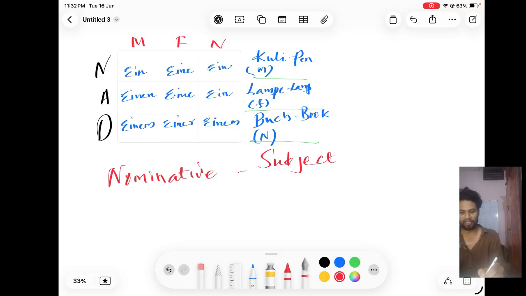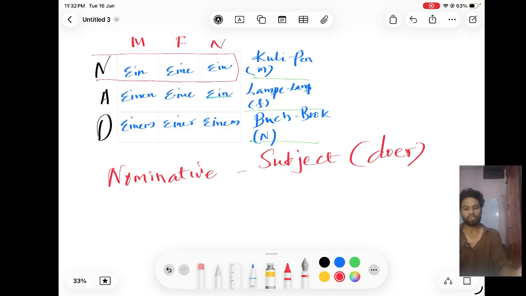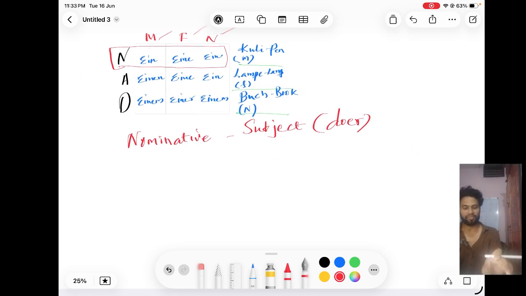We all know the subject is the doer, the thing which is performing the action. So now in this table we are going to first learn the nominative row. As usual, we have masculine, feminine, and neuter nouns. First we will finish the nominative row so that you can understand well.